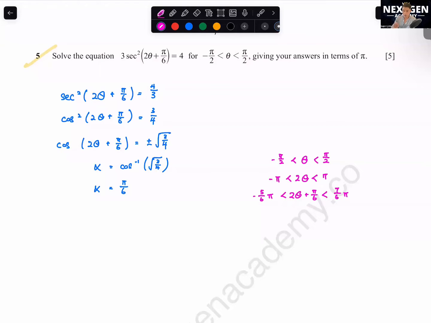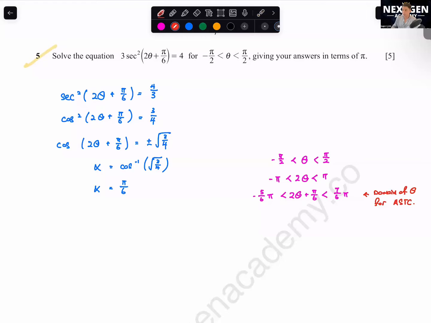Okay, everyone understand until here first? This is the domain of angles for ASTC. It means when I draw my ASTC, I am going to just consider this part here. But most of you, even myself, will not be able to process it in terms of radians. So how to make it easier? Change it to degrees first.